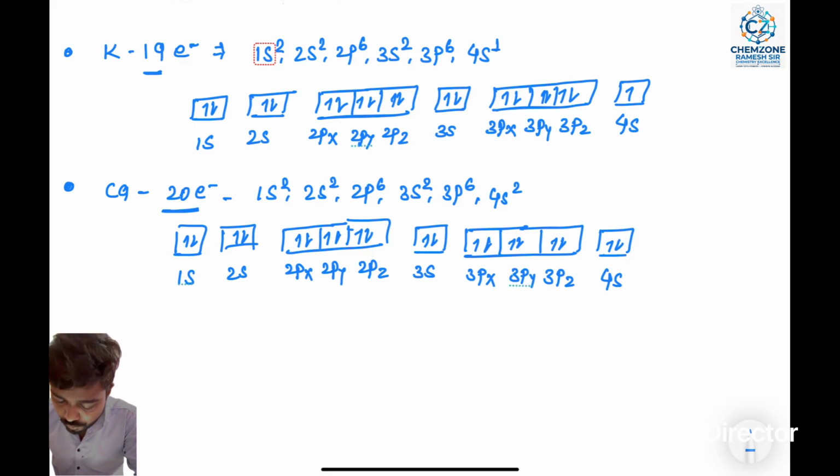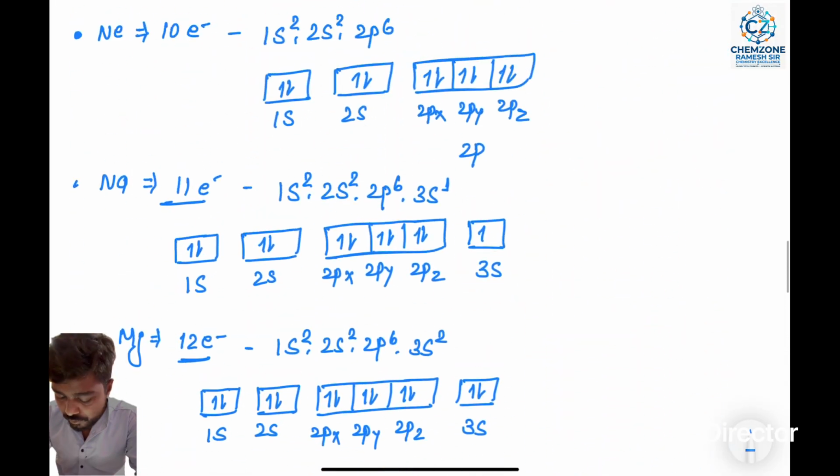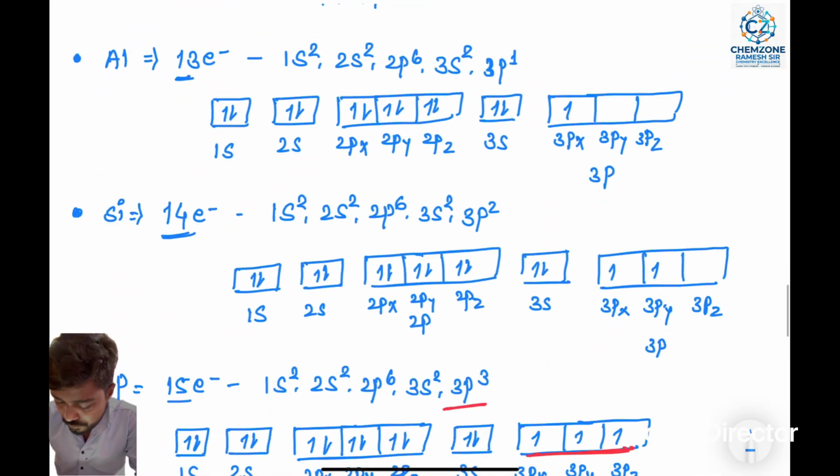Okay, that is your series you can see: 1 to 20 means hydrogen to calcium.